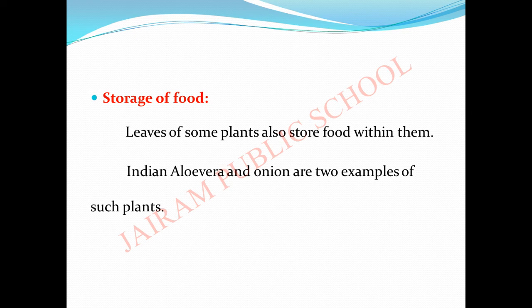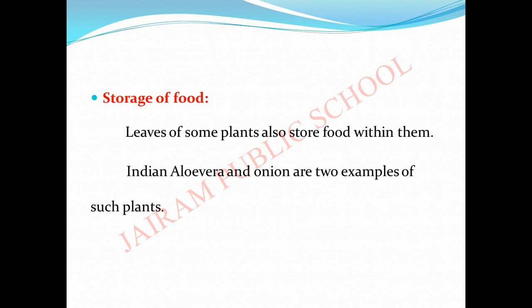These plants are called fungi. See the spelling of fungi. Fungi. Fungi obtain food from dead and decaying plants and animals. Example, bread molds and mushrooms. Let's move on to the next slide, children.